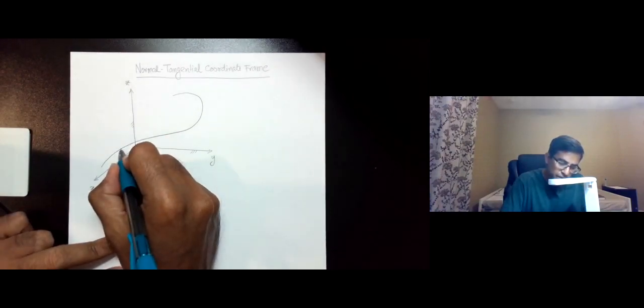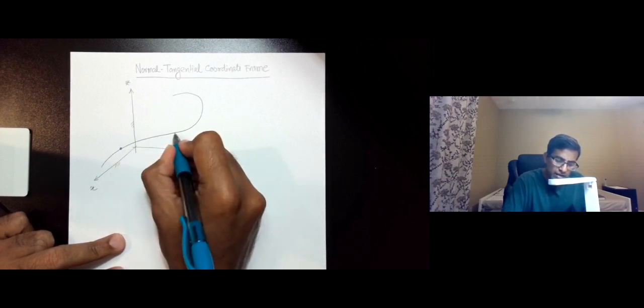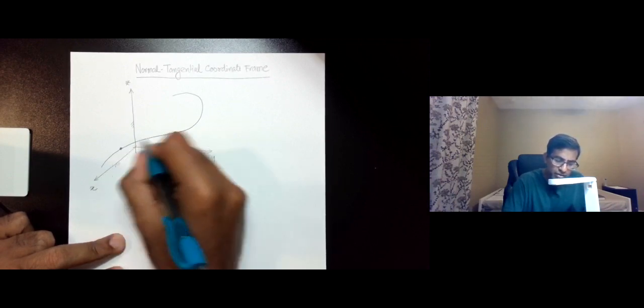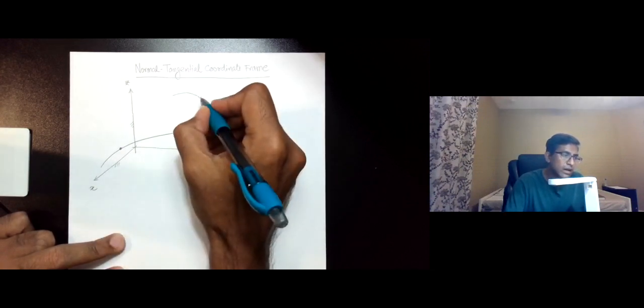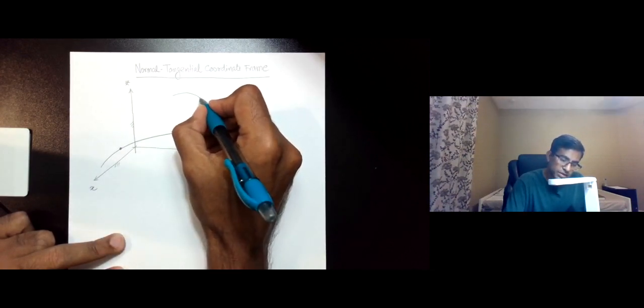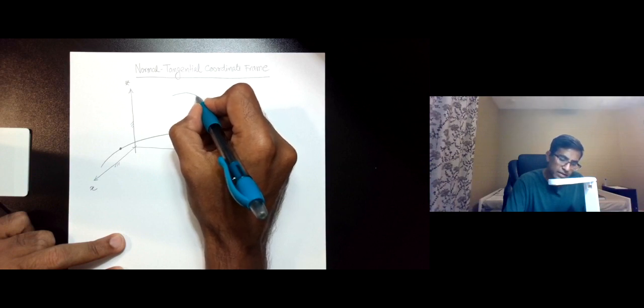The particle is at a certain instant here, then it reaches this point, so it is traversing the path in this direction, and then it reaches somewhere over here.